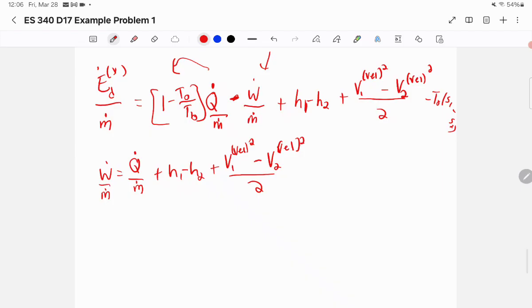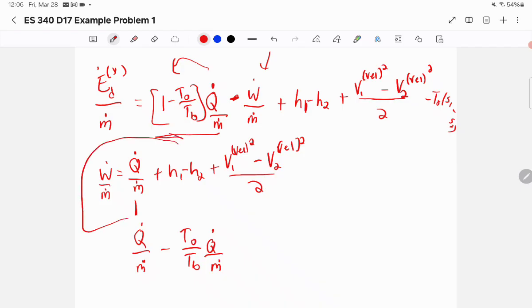So this term is going to be Q dot over M dot minus T0 over T_B Q dot over M dot. Now you can see I have the Q dot over M dot term, this term, and this term, and I'm going to be subtracting all of those off.